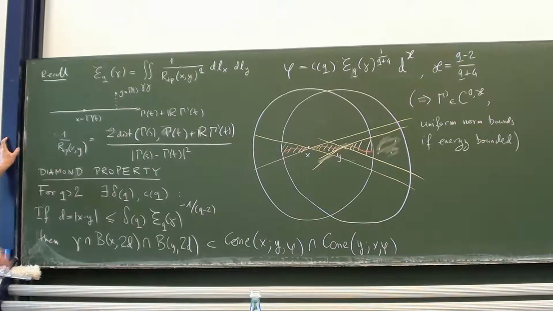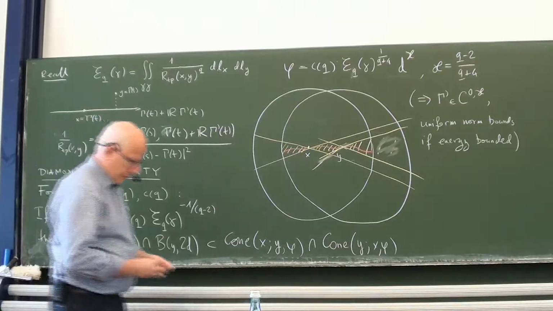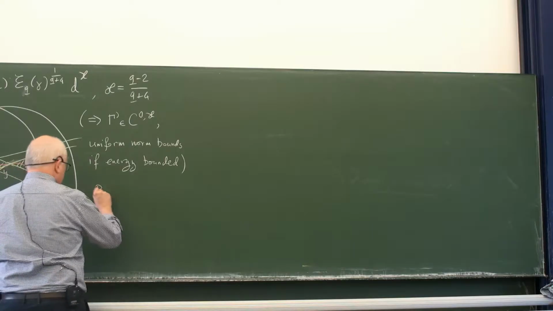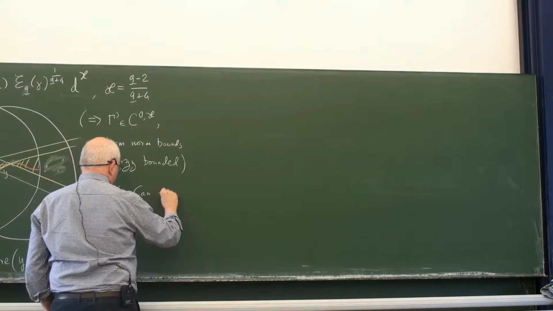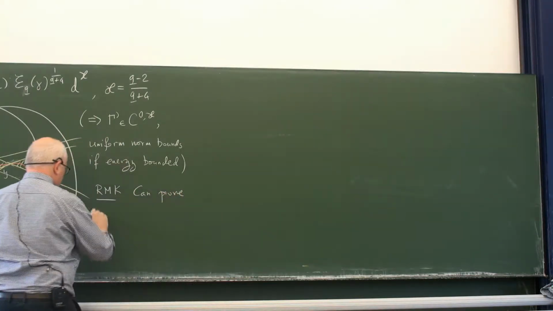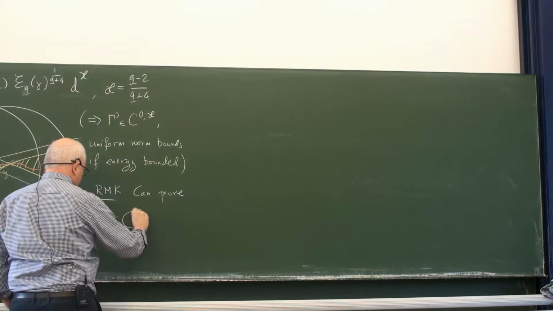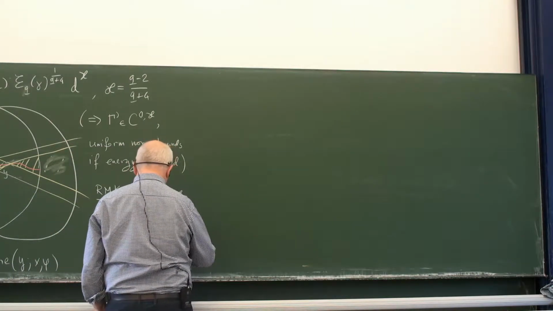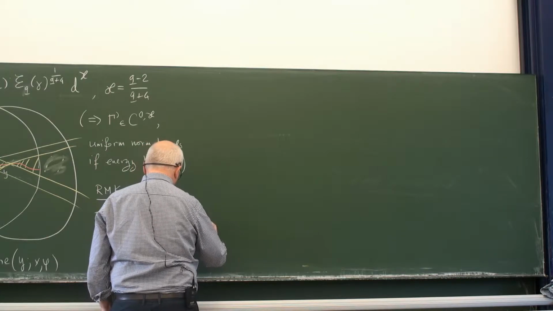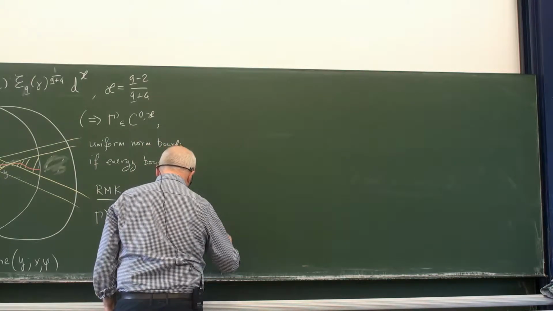but I'm not going to go deeper there. Another remark was that you can prove that gamma prime is Hölder continuous with a better exponent, lambda equal 1 minus 2 over q.